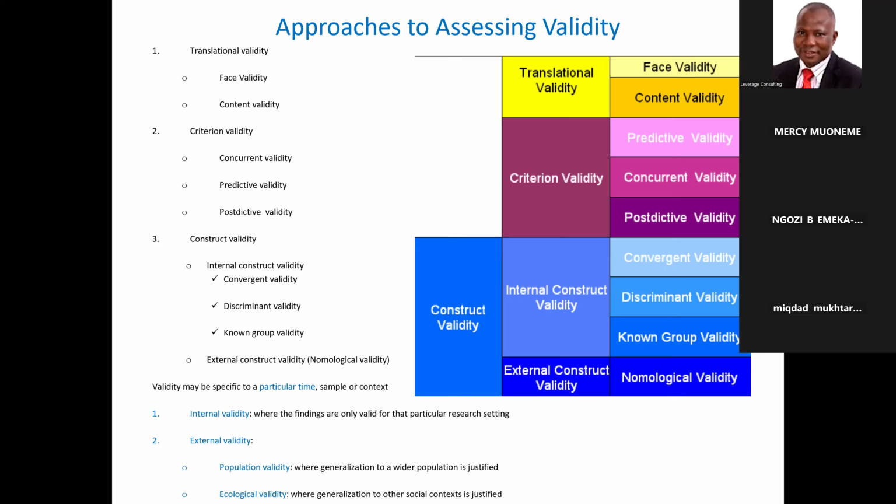Apart from the translational, criterion and construct types I explained, sometimes you want to look at it another way: is this finding valid for the research setting alone, or is it valid for other people, even outside?